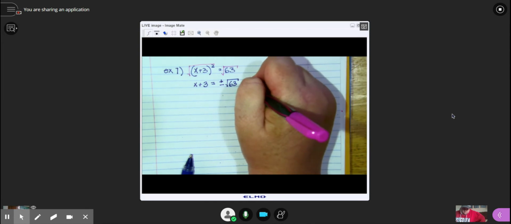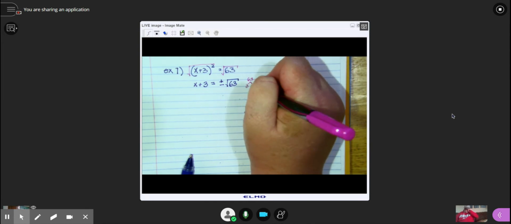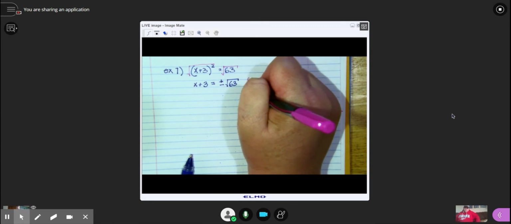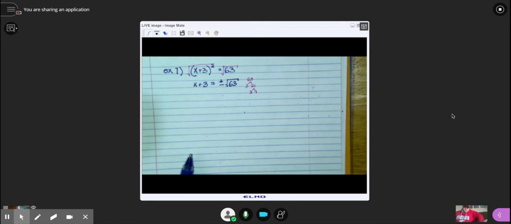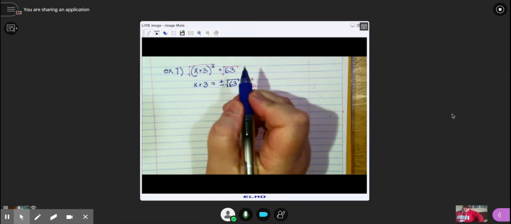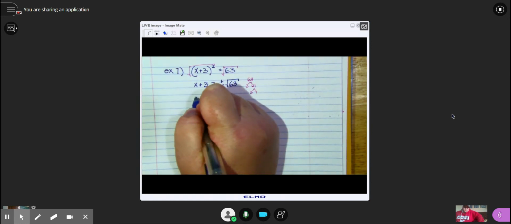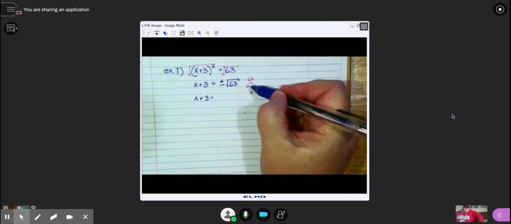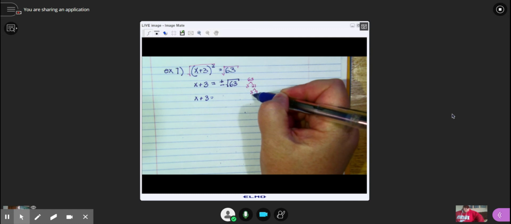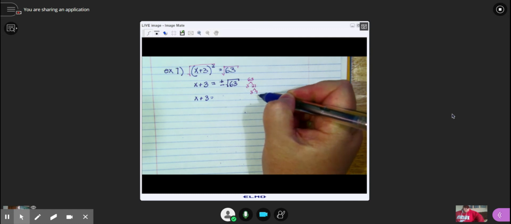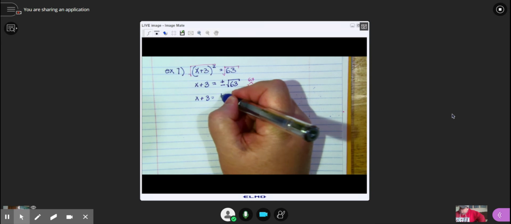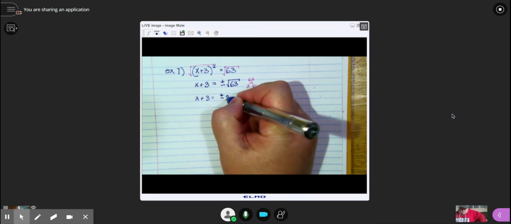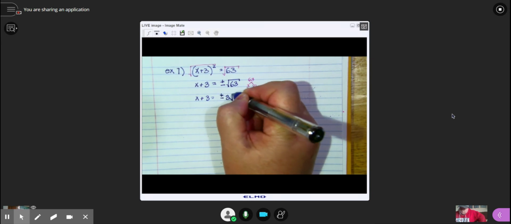63 breaks down, I can do 3 times 21, and 21 is 3 times 7. So if I break down 63, I have a pair of 3s and a 7. So this is a positive negative 3 square root 7.